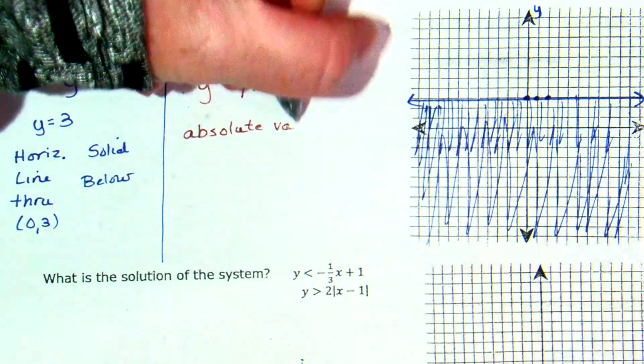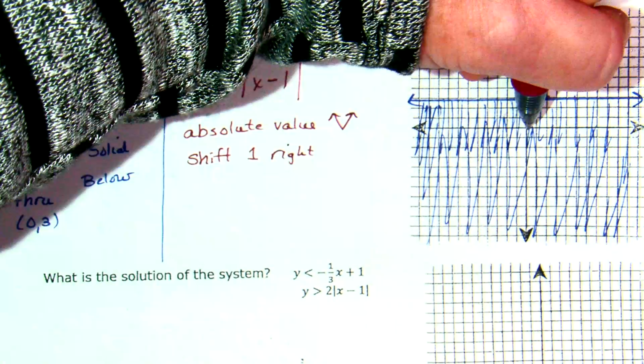So first of all, it's an absolute value V. There's my reminder there. And we're going to shift 1 to the right, or I should say translate. If normally my vertex is at 0, 0, that means my vertex is now at 1, 0. It's hard to see that dot, sorry. And then how do I draw the sides of the V?